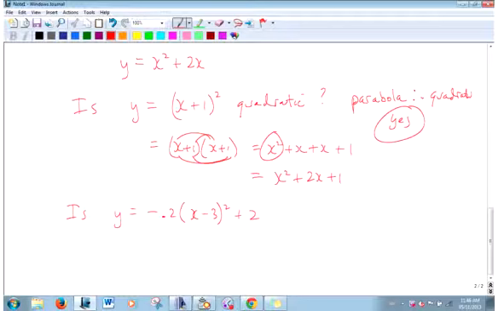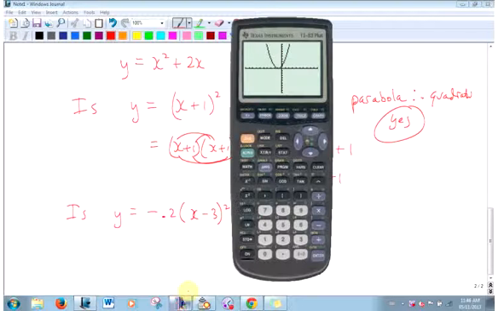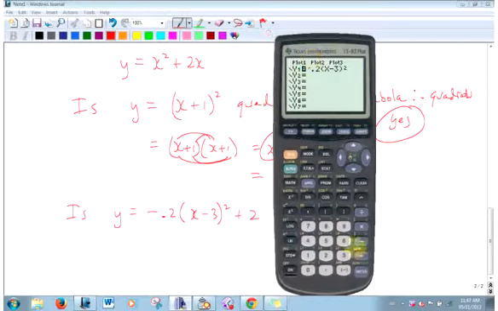How hard would that be to plug it in? If you're leading off, remember, you've got to use this negative here: negative 0.2 bracket x minus 3 bracket squared plus 2. Does it look parabolic? Yeah.